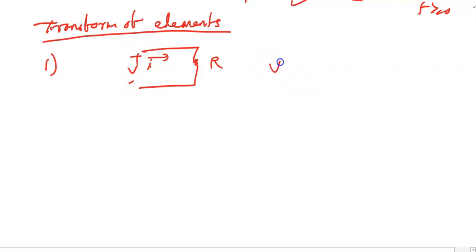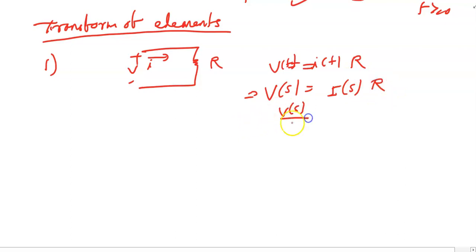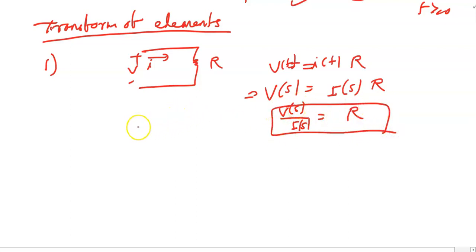By Ohm's law, v of t equals i of t times R, so taking the Laplace transform of both sides, we have V of s is equal to I of s into R. So V of s upon I of s is equal to R. So in the Laplace transform domain I can write the same R. Normally it is drawn as a box, with V of s and I of s. This is very simple.